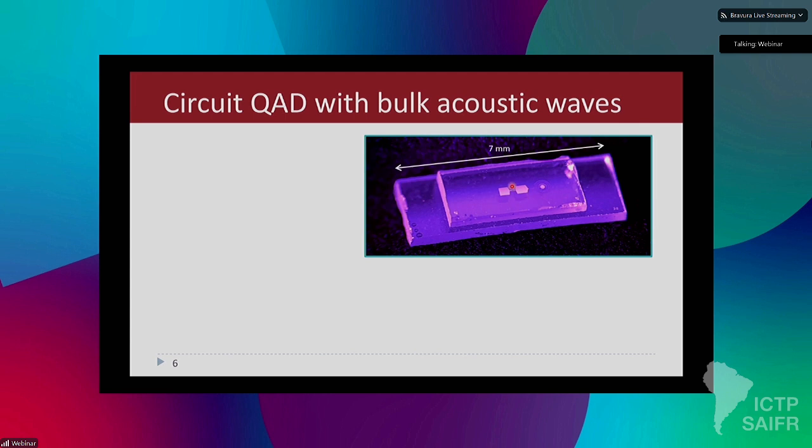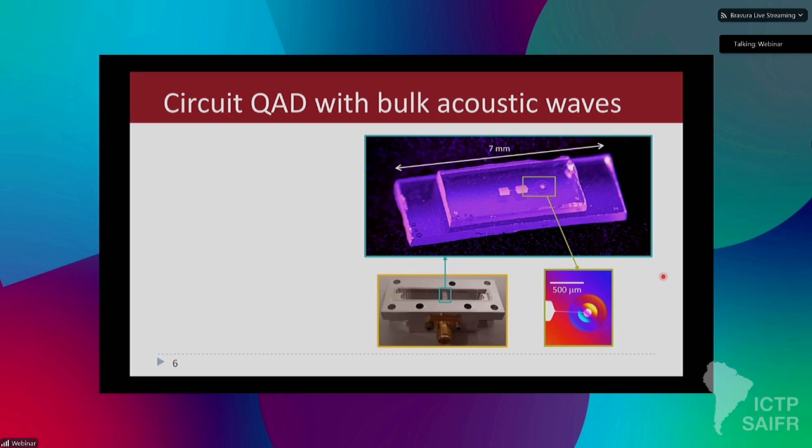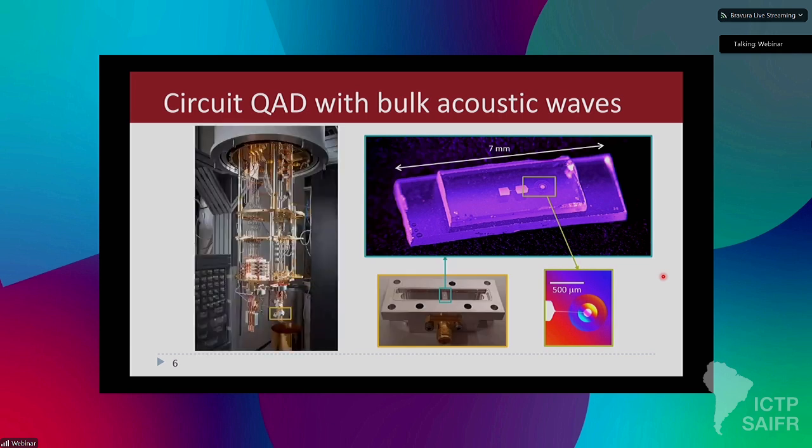All right, so this is what the device actually looks like in real life. Sapphire is transparent, so you can nicely see the qubit on this bottom larger chip here, and then if you look carefully, there are these rings on top, which you can see a little bit better here. This is the curved surface of our acoustic resonator. This whole thing goes in a microwave cavity for readout of the superconducting qubit, and then that whole thing goes on the bottom of a Delft refrigerator.